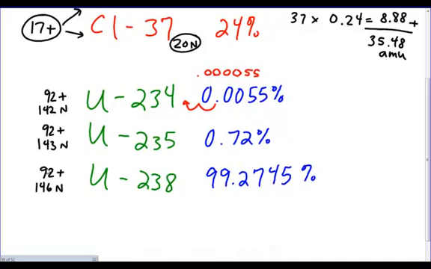For 0.72, move it over 2 places. 0.0072 would be the decimal for that. And for the bottom one, you're going to move it over 2 places. 0.992745. So you take your mass times your new percentage that's been changed into a decimal, get all 3 products, then add them together.